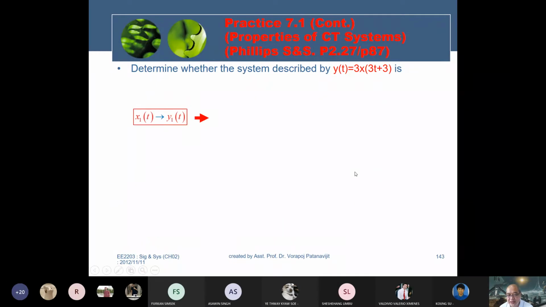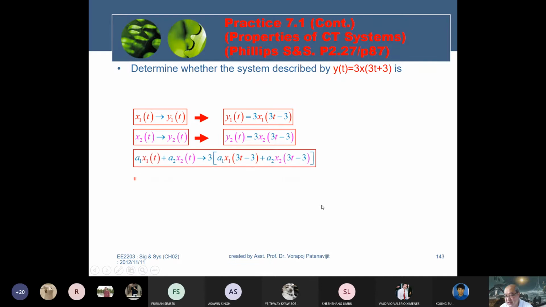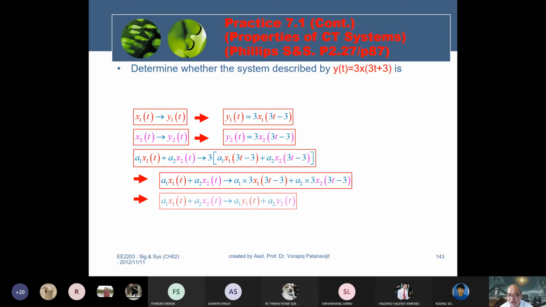The next one is linearity. If you fix x1, you determine y1. In this case, y1 equals 3 x1. If you fix x2, y2 equals 3 x2. If you fix x1 and x2 at the same time, you can simplify the equation and write the output in terms of y1 and y2.